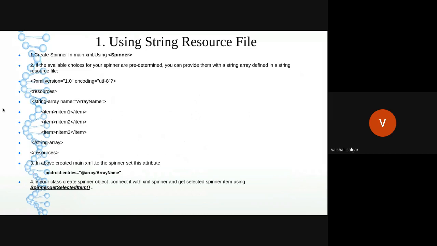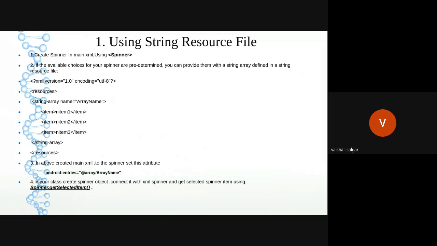So in the string.xml file, you add an XML tag string-array. We give the name of that array in double quotes, and this name of the array we need to link in our design file. Inside that string array we have to add the values which we want to add into that spinner.